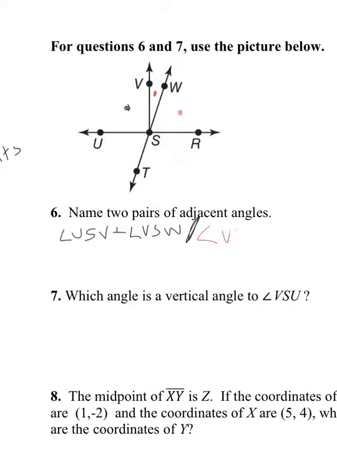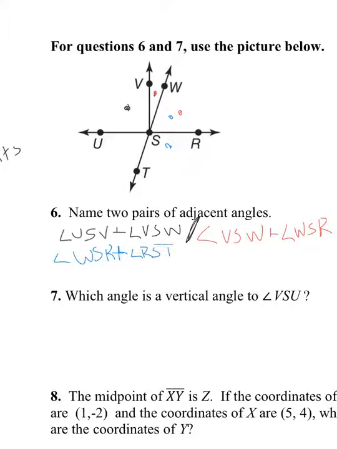So that is VSW and WSR. All right, but then we can also take these two, right? And that is going to be angle WSR and RST.